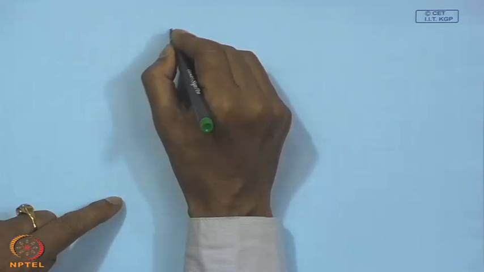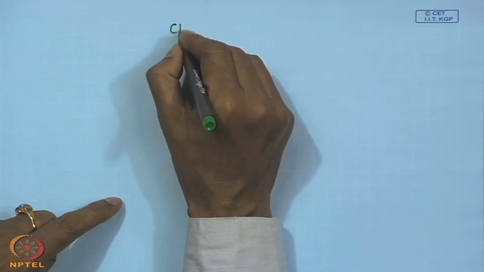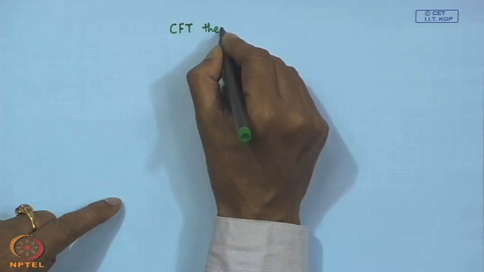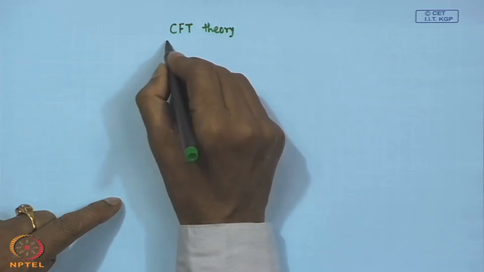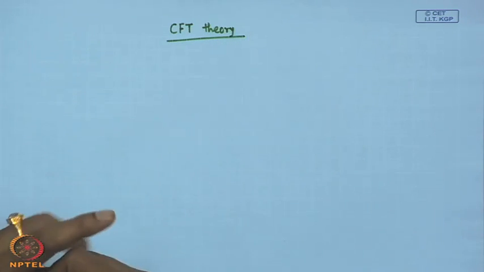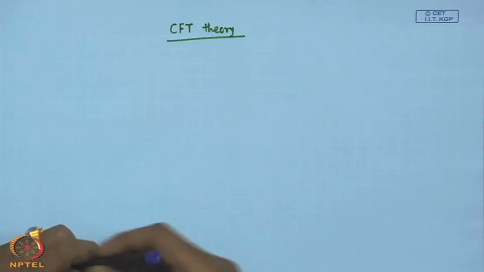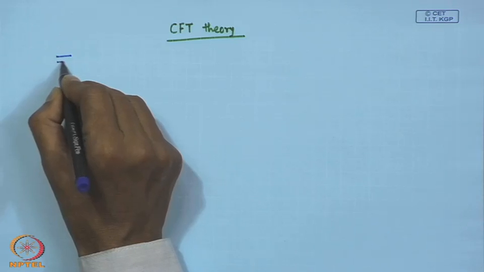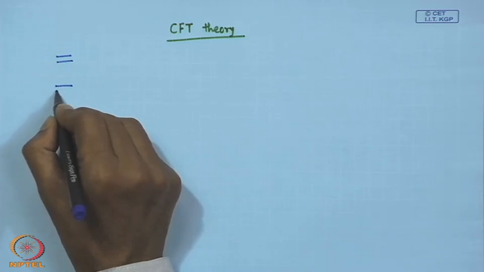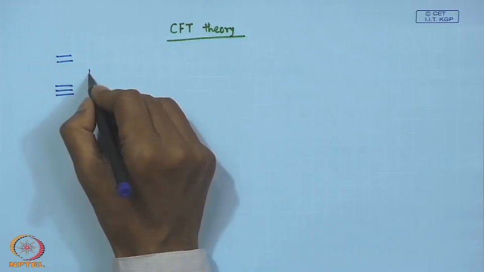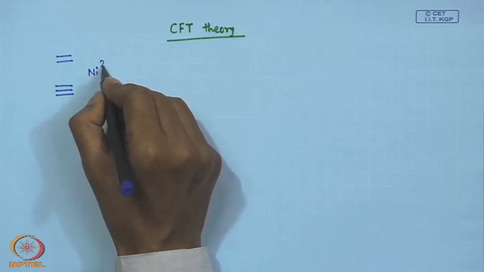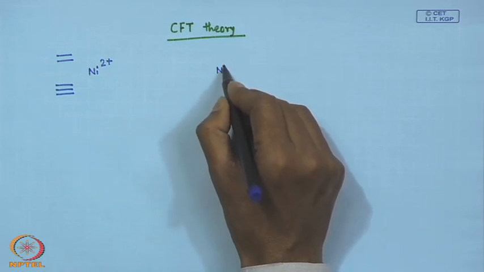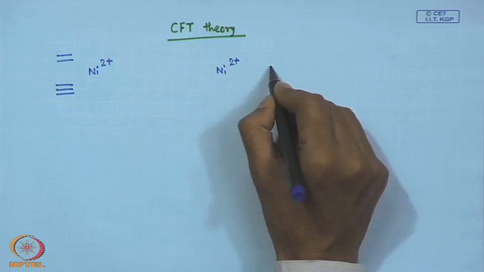So, basically all these measurements are supporting our crystal field theory, where we have seen the corresponding number of electrons, if we say a nickel compound in +2 oxidation state or some binuclear nickel compound.